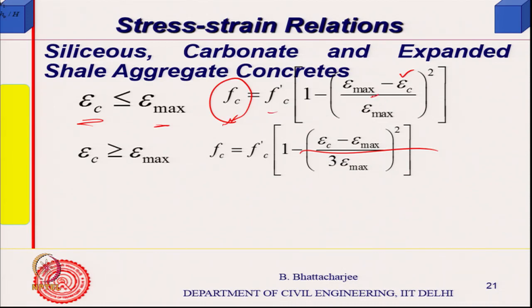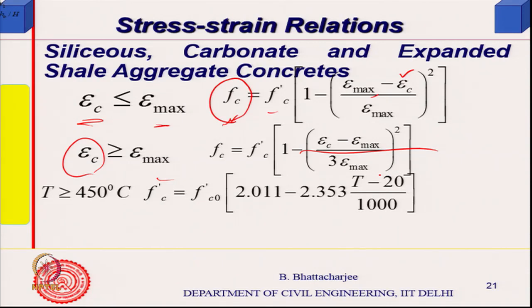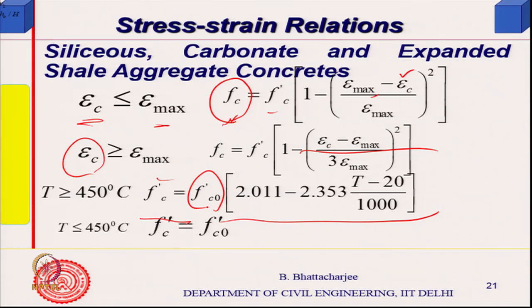This is the maximum value, epsilon max is the maximum in normal temperature condition, and if epsilon c is greater than epsilon max, this is the formula. So, stress strain relationship for concrete as a function of temperature is also available. If it is greater than 450 degree centigrade, this is the formula, where this is the original ambient temperature maximum strength. So, such formulas are available.